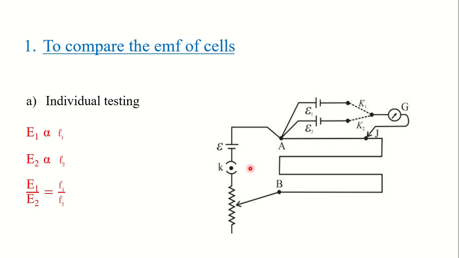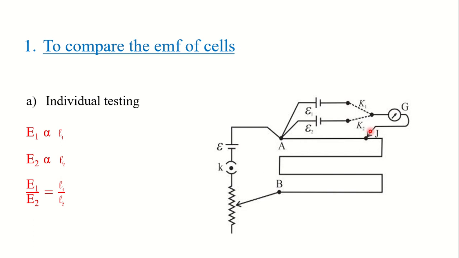Now, after connecting this, you take the two cells E1 and E2 whose EMF we are trying to compare. These two cells are connected in such a way that the positive of both cells are connected to A and the negative of both cells are connected to keys K1 and K2. The other end of the key is connected to the galvanometer and to the jockey. The slider that I mentioned is the jockey that is connected here.